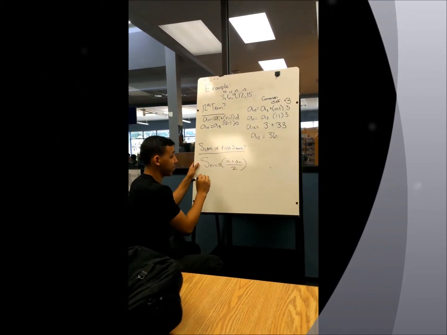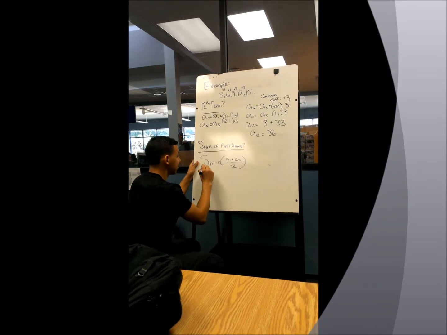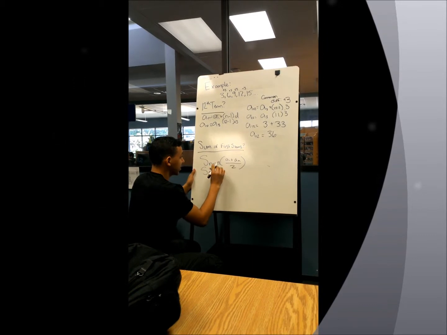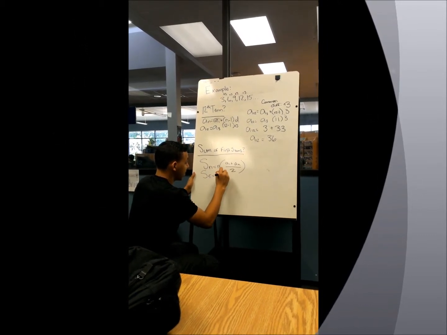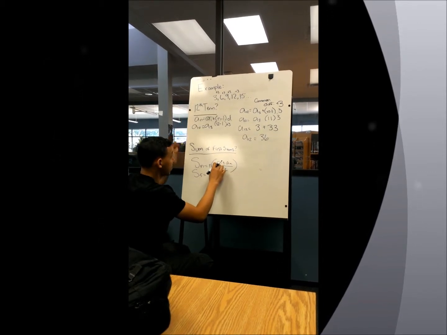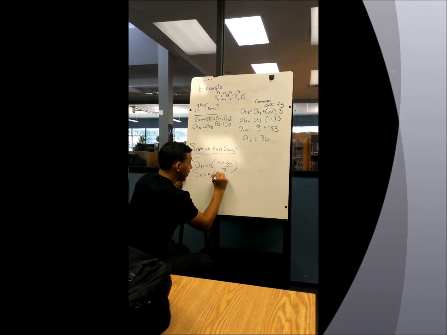It doesn't always have to be 5. You can find the first 6 terms, however many terms you want, but in this case we're gonna do 5. So you put S5 equals, and this once again will be 5. And A1, like I said previously, is always the first term, which in this case is 3.